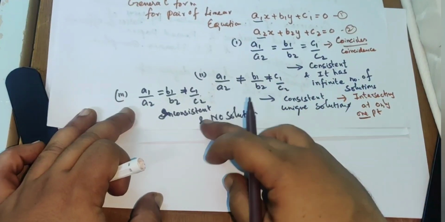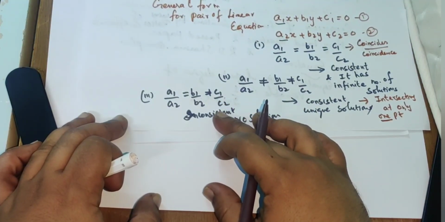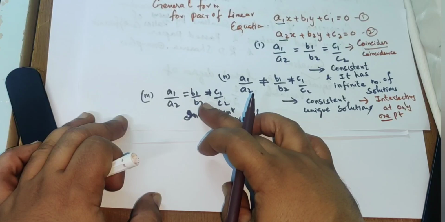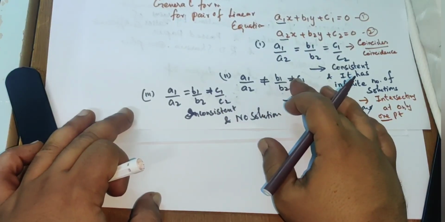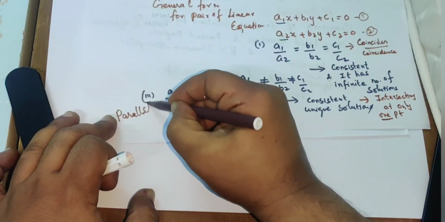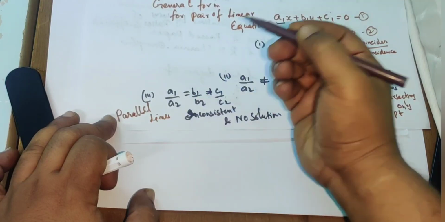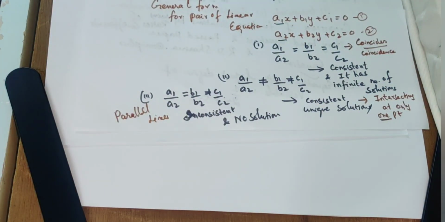And here, what type of graphical representation are we going to get for a1 by a2 equal to b1 by b2, which is not equal to c1 by c2? We are going to get parallel lines, and it has no solution.